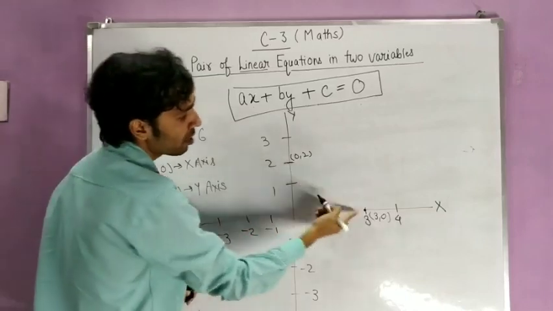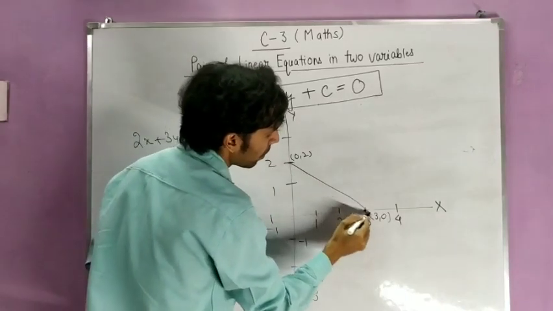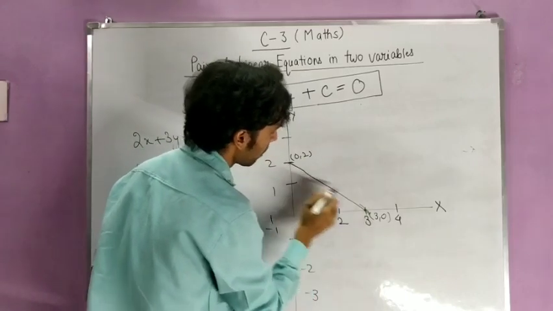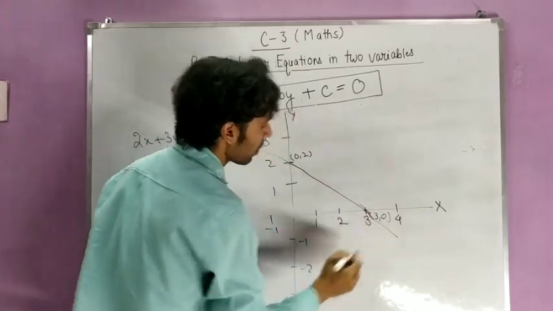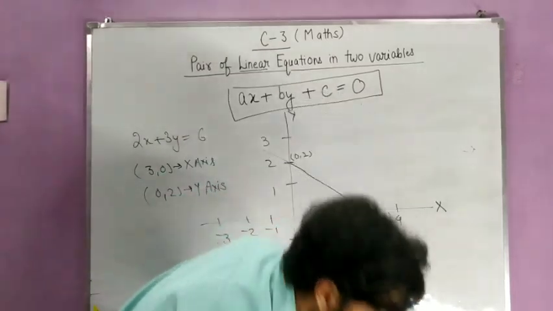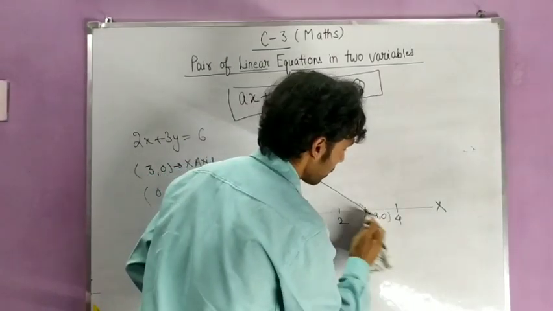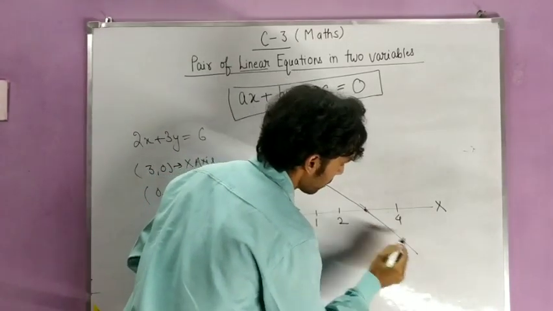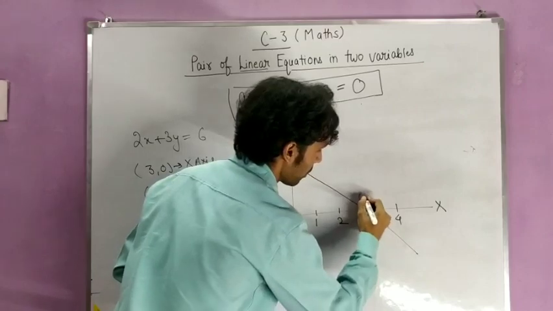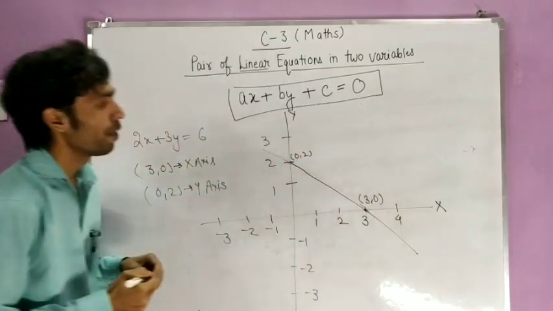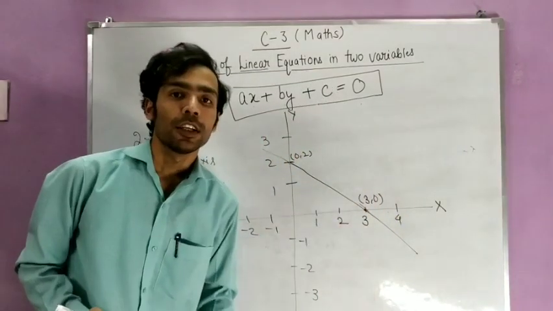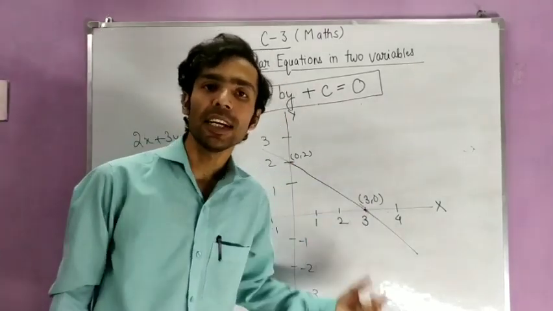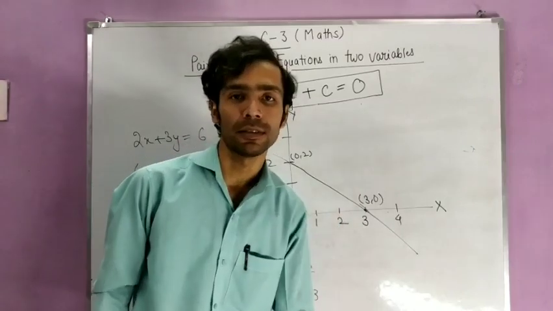When you join these 2 points, you will see that it will form a straight line. It is clear now? It will form a straight line.